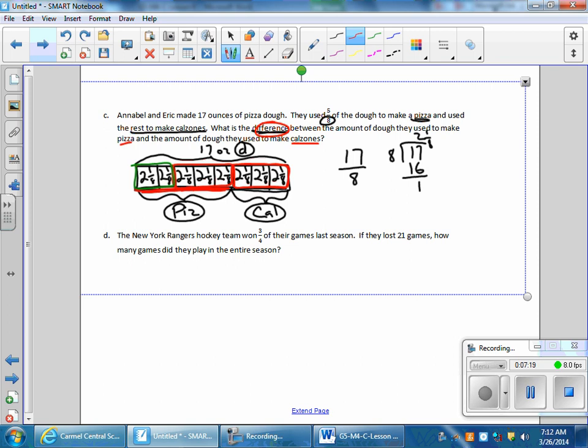So if I cancel this and this, that will give me the difference. I have 2, 4, and 2/8 as my difference. 4 and 2/8 is equivalent to 4 1/4 ounces as the difference.